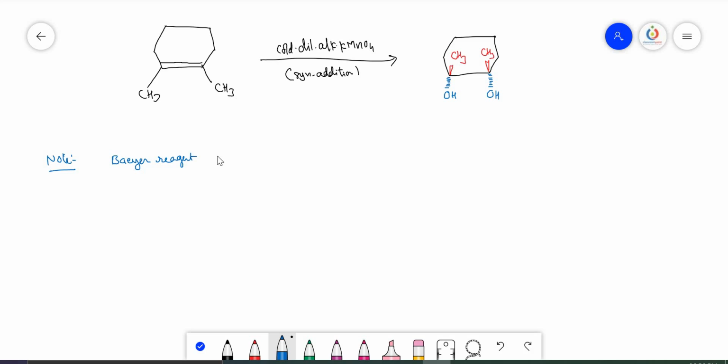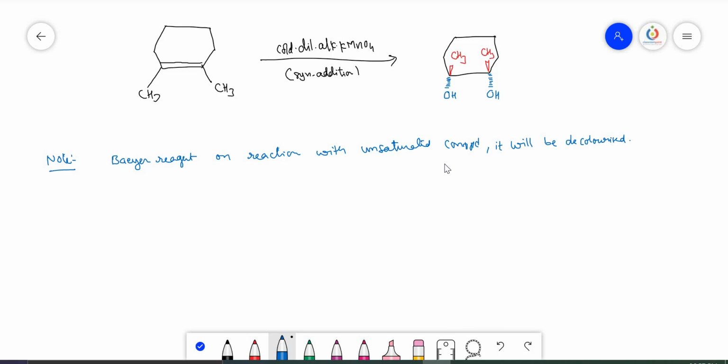So Baeyer's reagent on reaction with unsaturated compounds, not only alkene, it may be alkyne or alkene, will be decolorized.